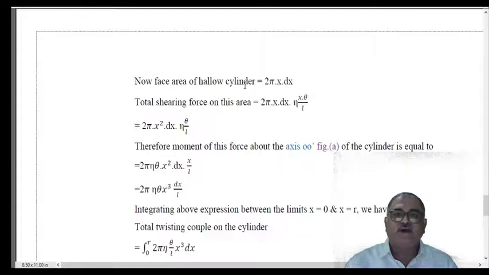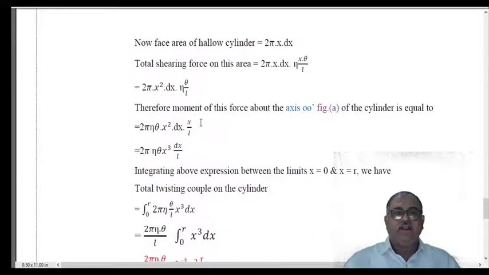It is nothing but 2 pi x dx into eta x into theta by L. And by calculation, simple thing, 2 pi x square into dx into eta into theta by L. And therefore, we have to calculate the moment of this force about the axis OO dash, which is shown earlier in figure A of the cylinder, equal to 2 pi eta theta x square into dx into x by L.